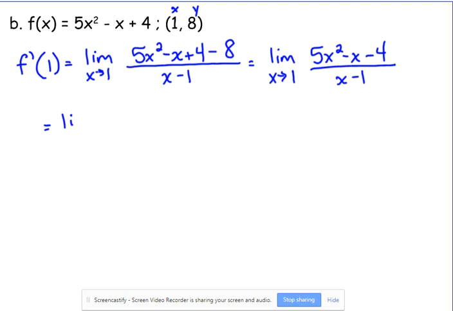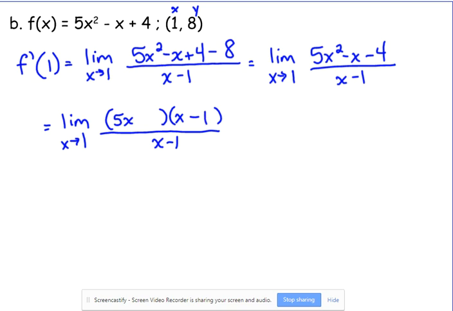Now, some of you may be intimidated by trying to factor that numerator, but guess what? Remember what's supposed to happen here. That x minus 1 has got to cancel. It has to go. So that means x minus 1 has got to be one of our factors.